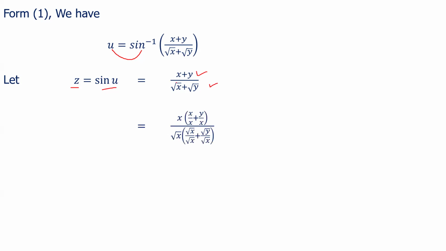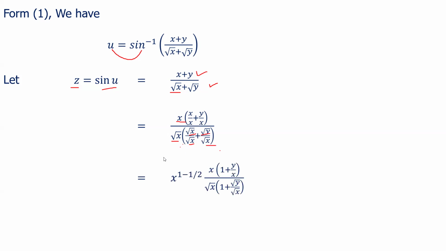So let us divide and multiply by x in the numerator, x into (x upon x plus y upon x). Similarly, we can multiply and divide by root x in the denominator, so root x into (root x upon root x plus root y upon root x).